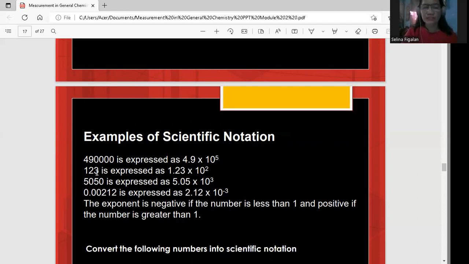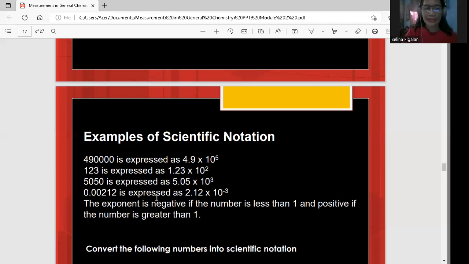123, so we make it scientific notation, less than 10, so that is 1.23. How many steps did we take? Suppose the decimal point is at the end of the whole number, so we take 2 steps. How about here in your negative sign? Remember, class, when the given is less than 1, like 0.00, the movement is going to the right, so the exponent is negative 3.